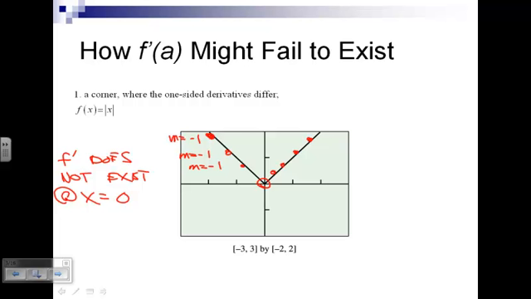Even though a parabola doesn't have a corner, aren't both sides opposite or not the same? You're talking about right there? Yeah. You're saying that all these slope values are negative? Yeah. All these slope values are positive.